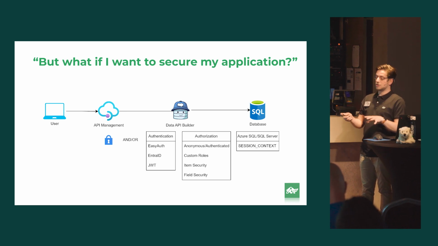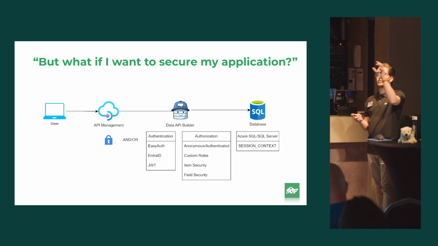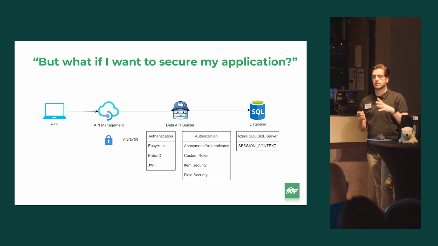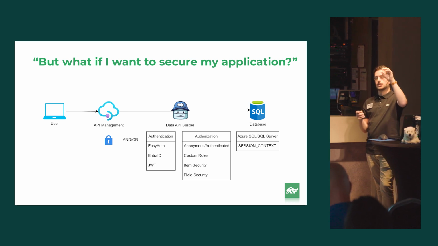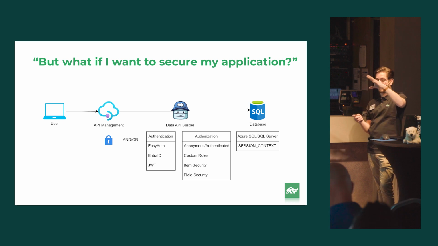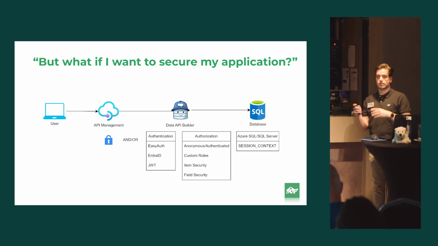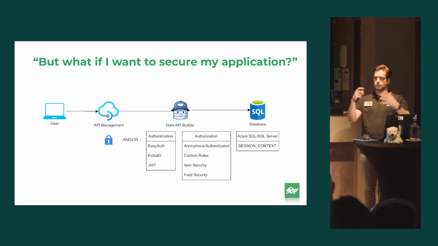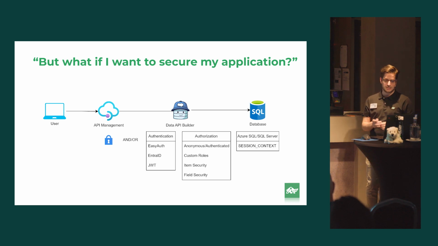So with field security, you can specify what fields are returned for specific permissions. We can say that customer can see, I don't know, first name, last name, and address, but the customer support role can also get the customer notes field returned. And this is an easy way to modify the data we're returning to the client and secure your application.